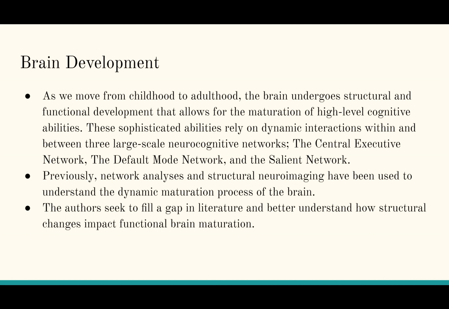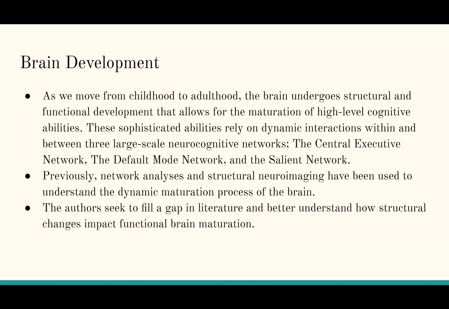These three networks are the central executive network, the default mode network, and the salience network. The central executive network helps govern maintenance and manipulation of information and decision-making in the context of goal-directed behavior. And we're going to be talking about two nodes specifically within each of these networks.